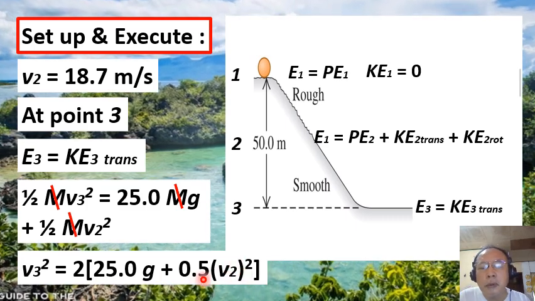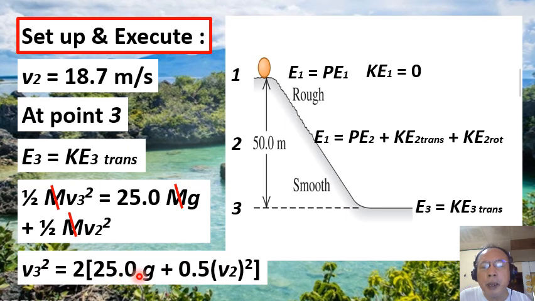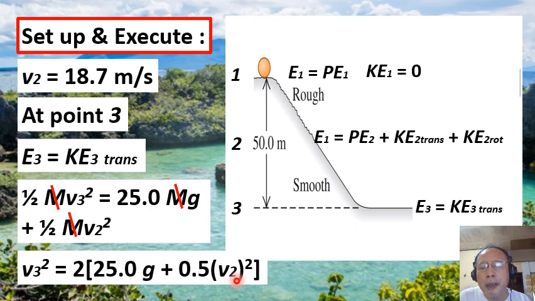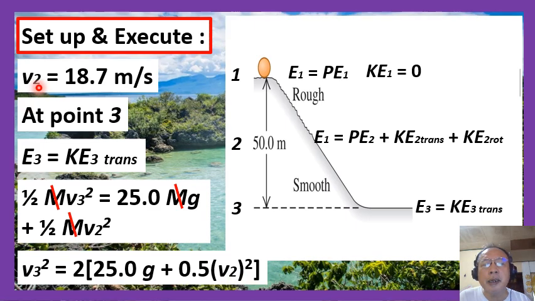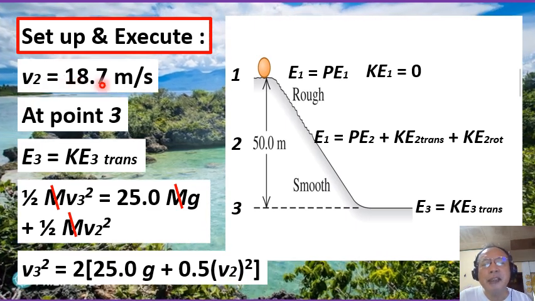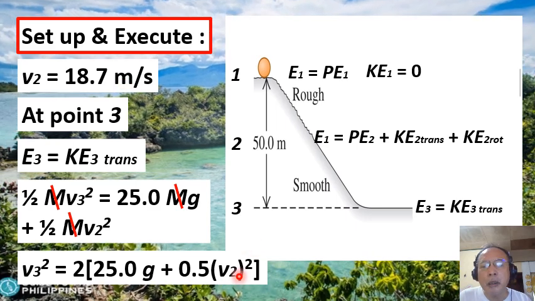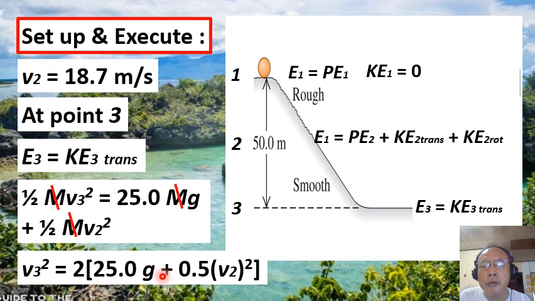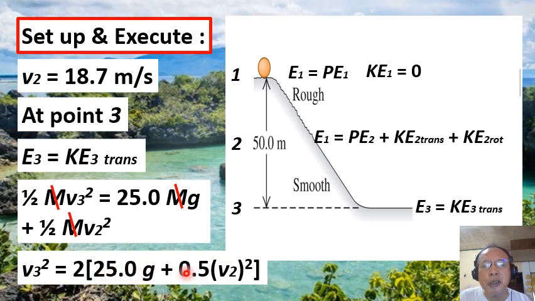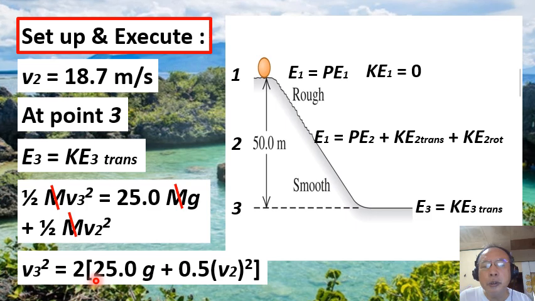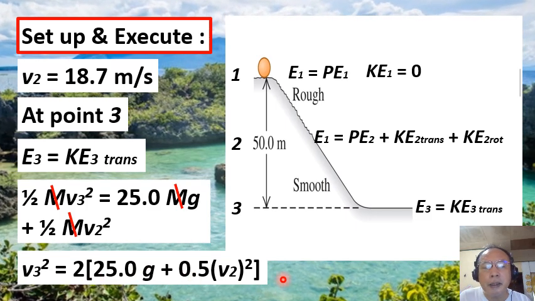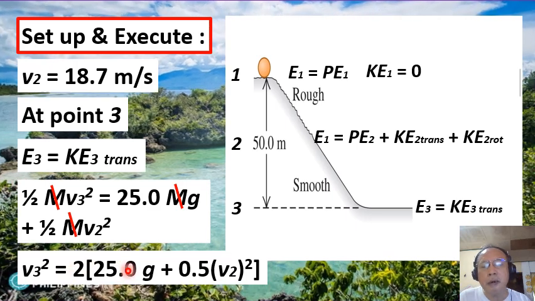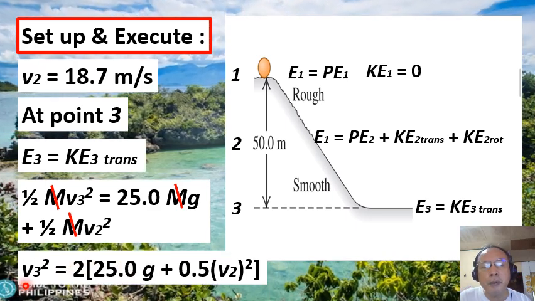Take note, we have to multiply 25 by acceleration due to gravity and then get the square of the value of v sub 2, which we earlier calculated as 18.7 meters per second. So when you square that and multiply it by 0.5, add it to the product of 25.0 g, and eventually multiply it by 2, that is what we will get for the value of v sub 3 squared.